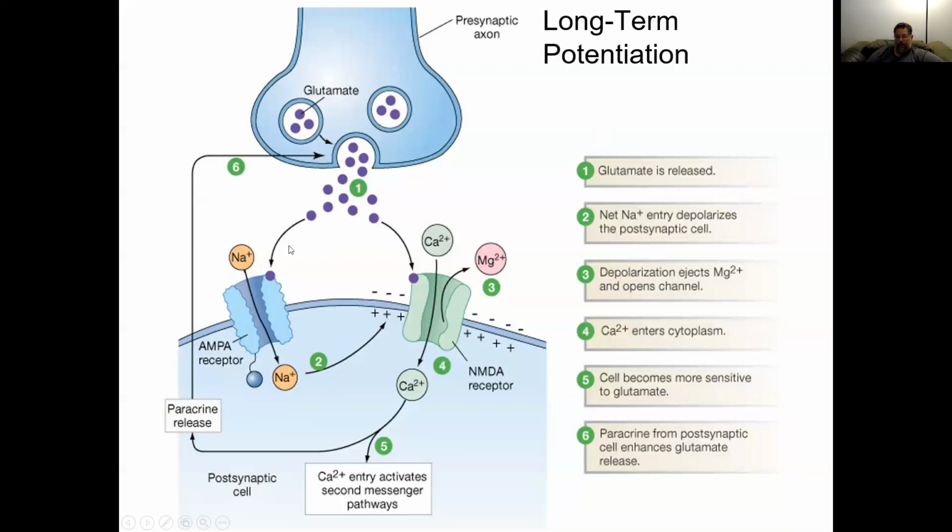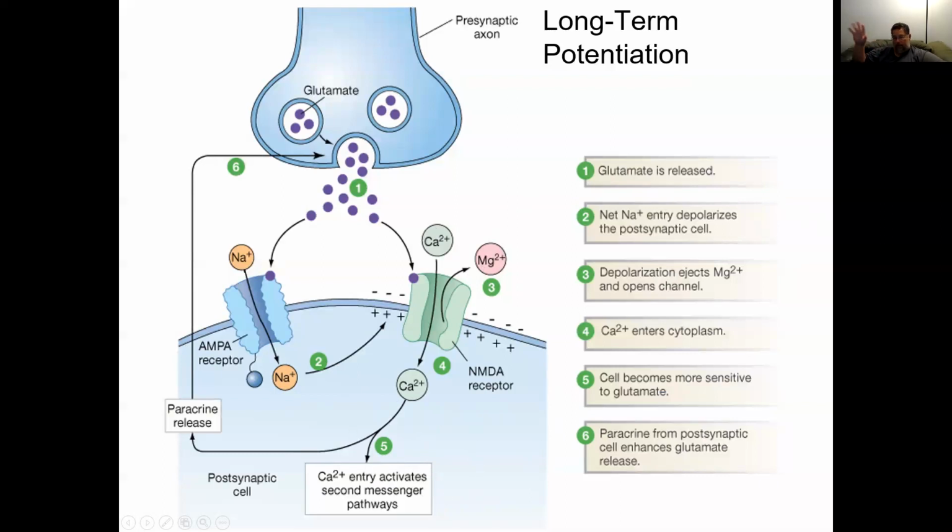What happens is it attaches to the sodium receptor channels. Sodium comes in, that would make it excitatory. And it also attaches to this calcium channel that allows calcium to come in, an NMDA receptor. And I don't know a lot about these different receptors, that magnesium leaves. But then there's this complex chemical pathway that takes place.